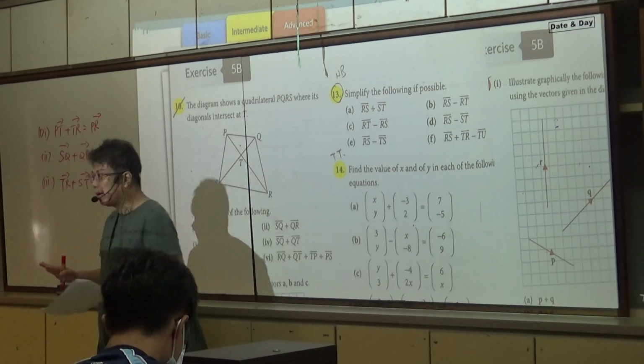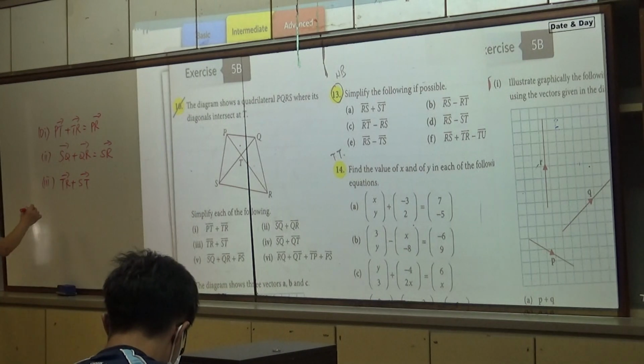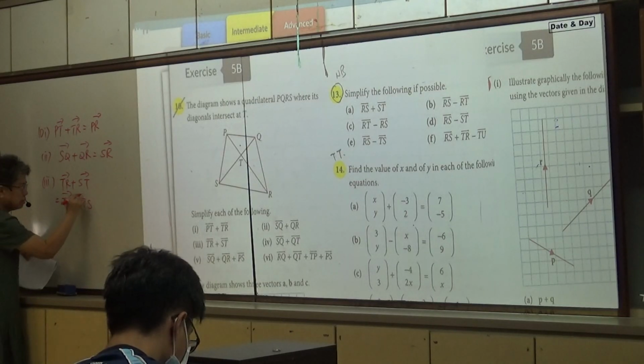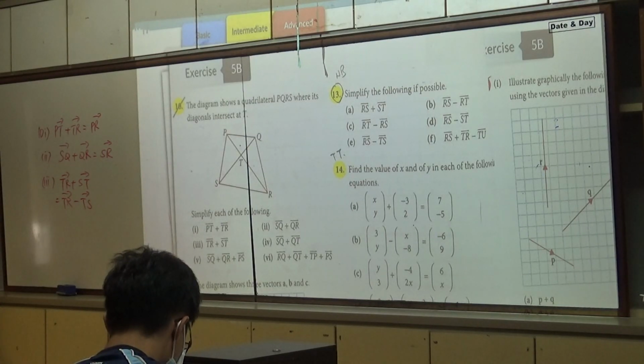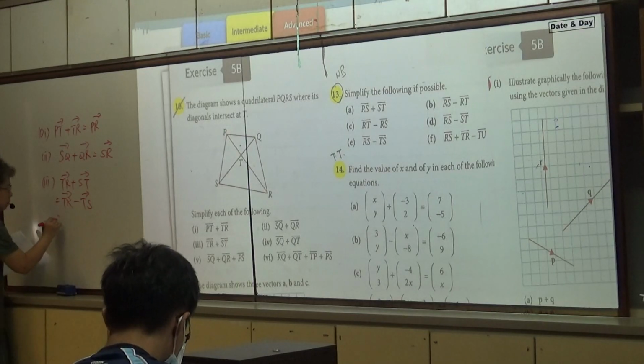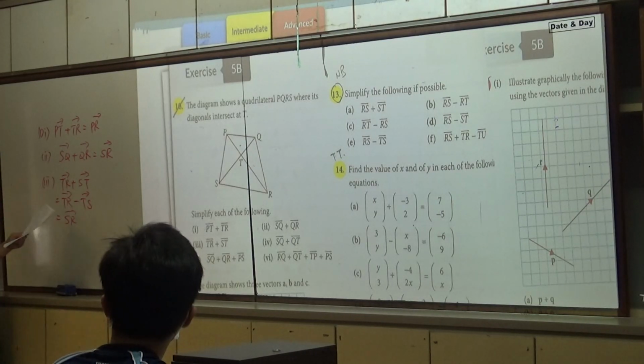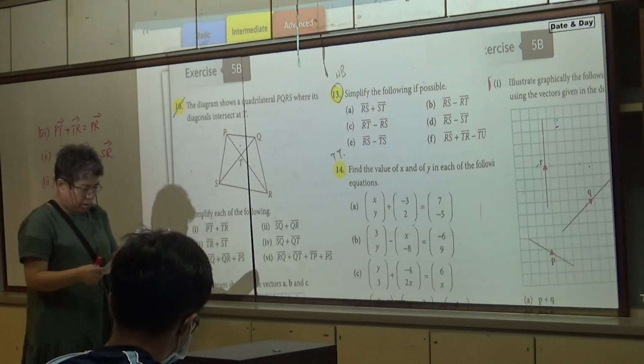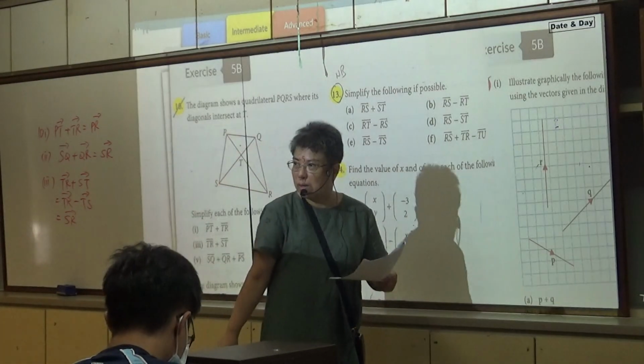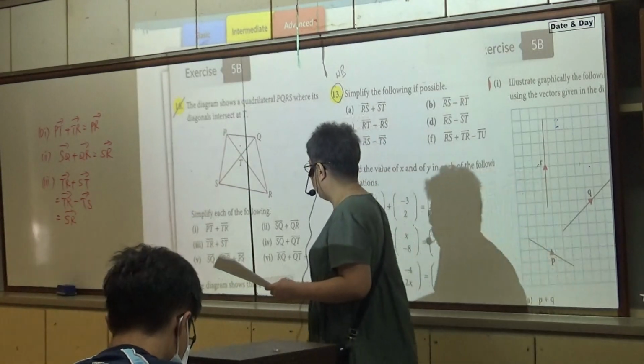Don't tell me straight away cannot do, I can do this one. This one is what? TR minus what? TS. What's TR minus TS? SR. Everybody clear? Okay, part 4.